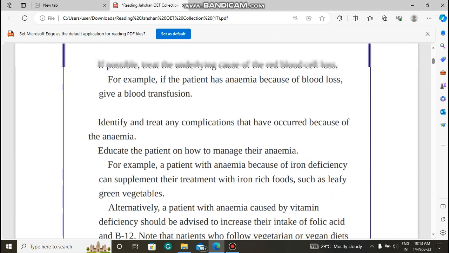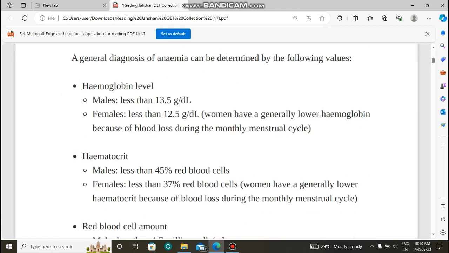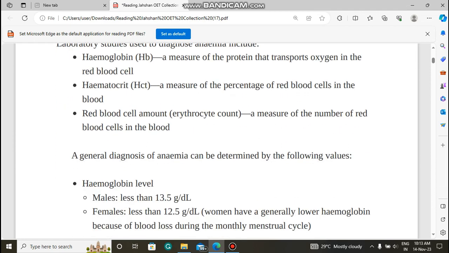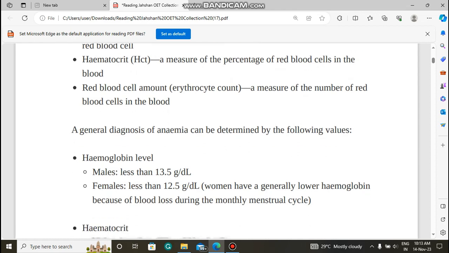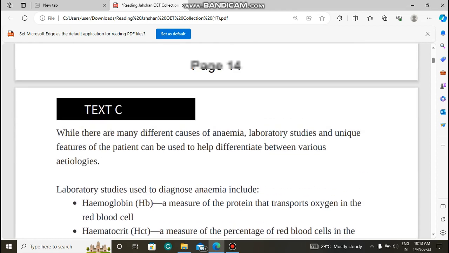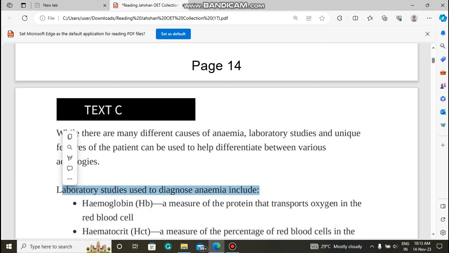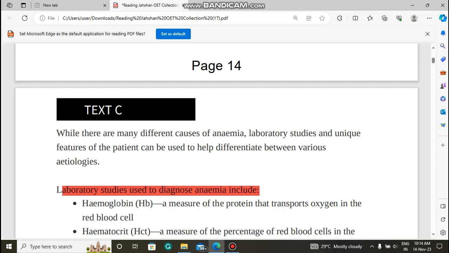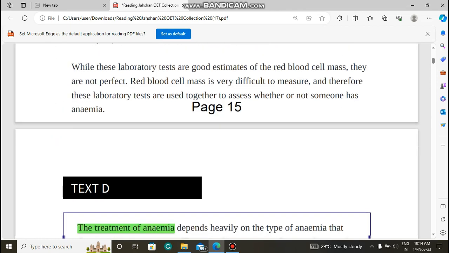Where did you find the methods used? Let's see. Methods, different methods used. Yes. What are the different methods used? It's clearly mentioned laboratory studies used to diagnose. So these are the different methods being used. So the answer will be C. Answer of third question will be C.